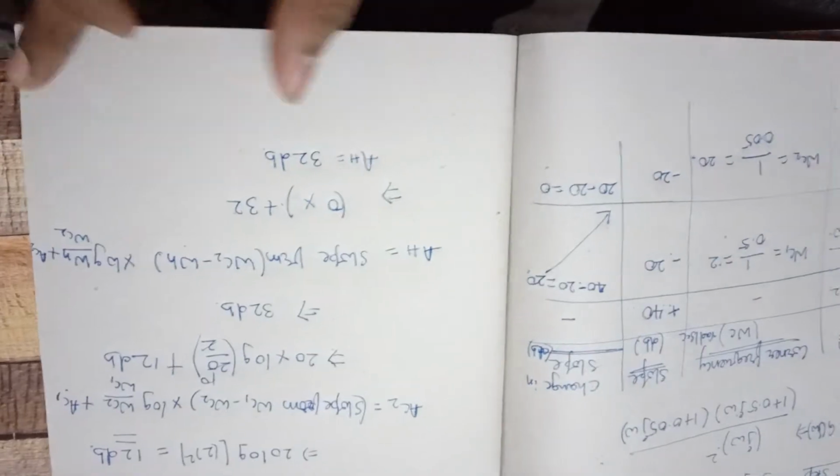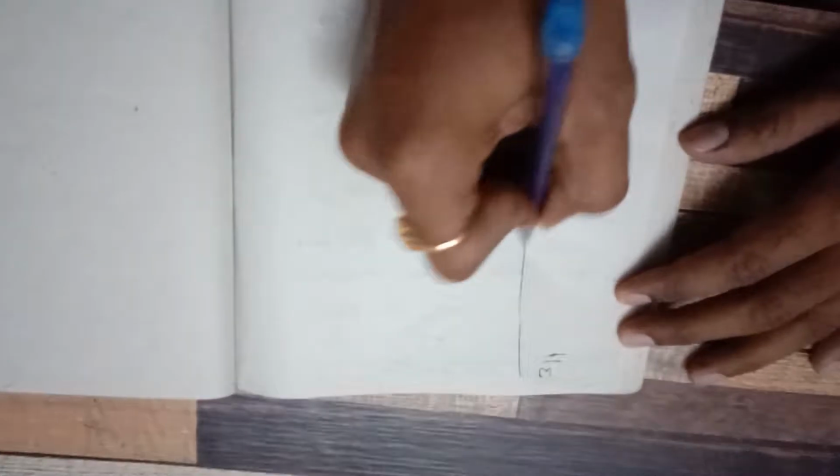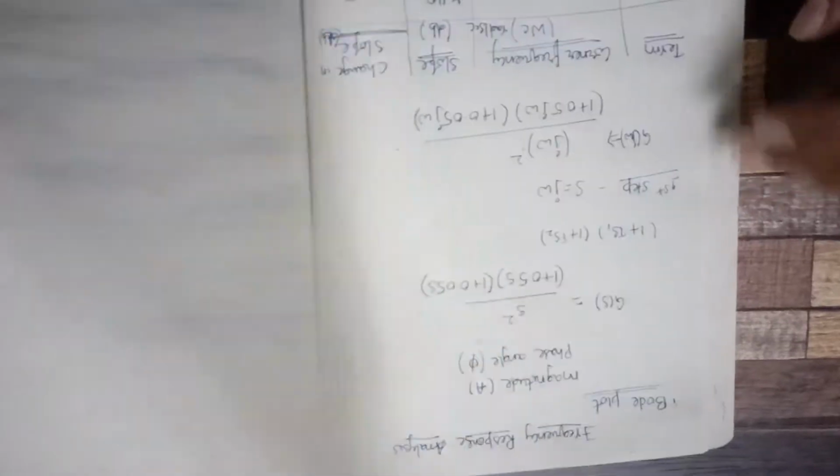Now draw a table for the noted ones. So this is omega and A is the magnitude. So I'm writing the values. See, the first one is 0.2, the second one is 2, 20 and 100.